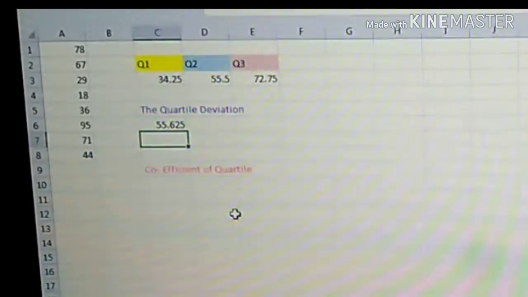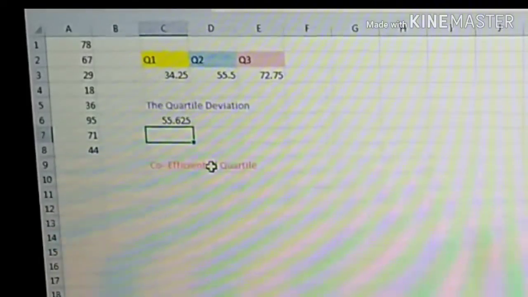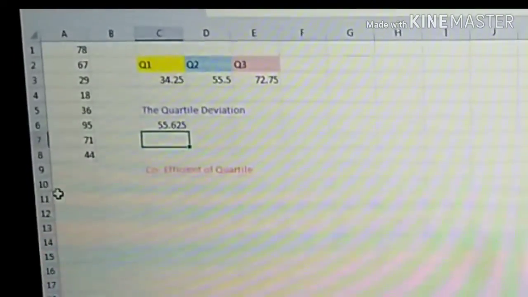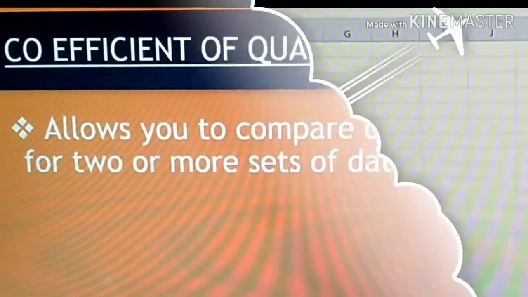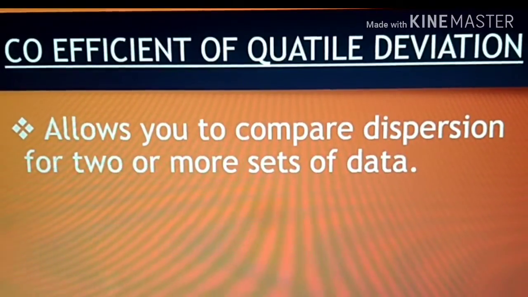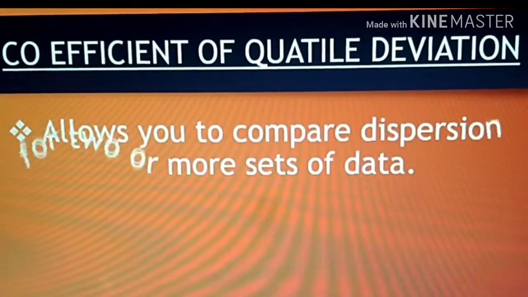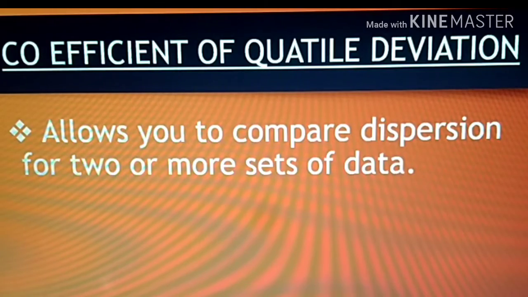Next, we need to get the coefficient of quartile deviation. It allows you to compare the dispersion of two or more sets of data.